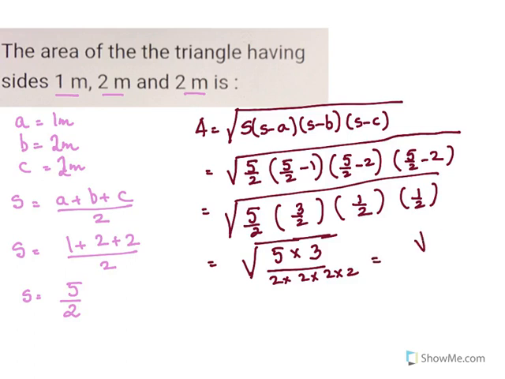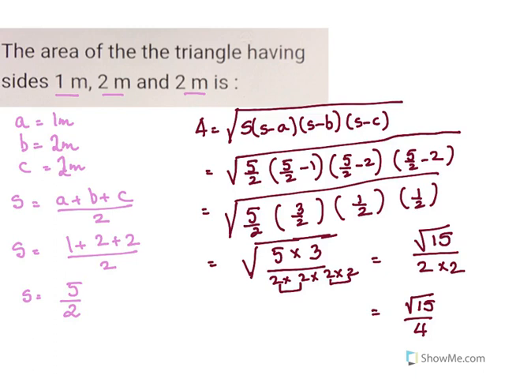So this will be now under root 15. But here group of 2, one 2 comes out, and here another 2 comes out. So the answer is under root 15 by 4.